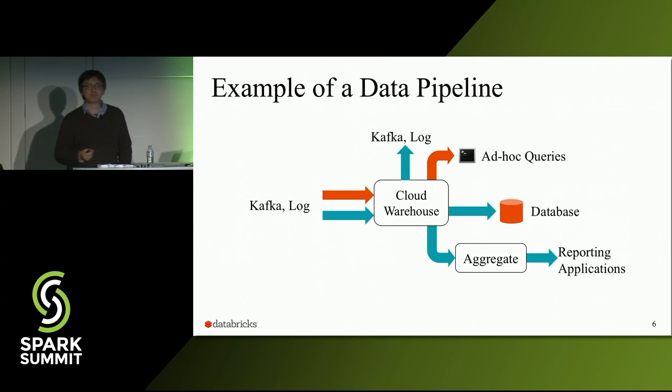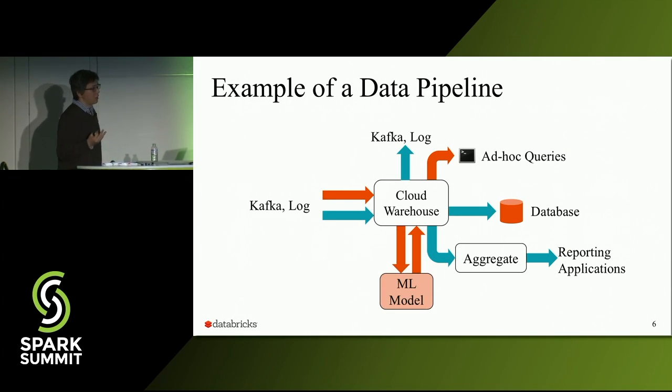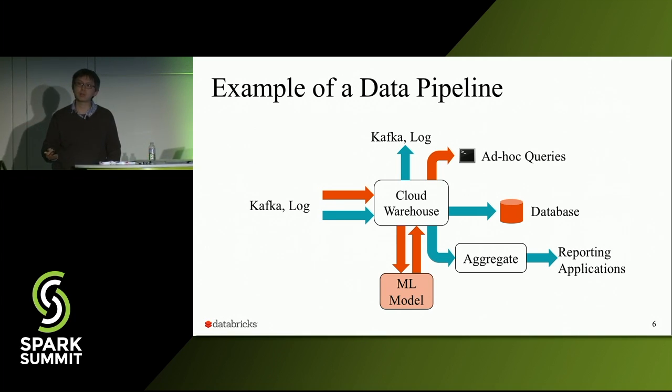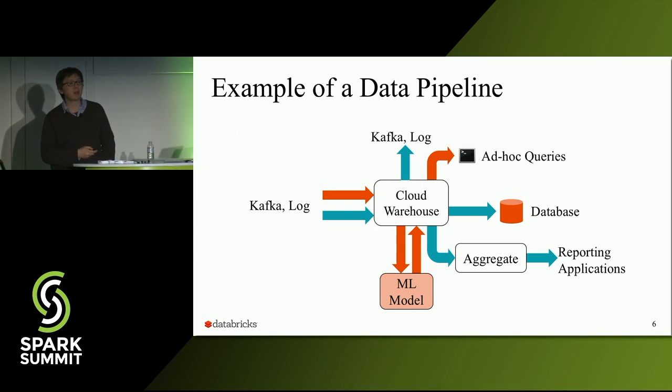We also can write it back to Kafka, to the log, for some streaming application or even another data pipeline. We also can use the data to train our machine learning model and also apply the model back to the data. So this is the typical data pipeline.